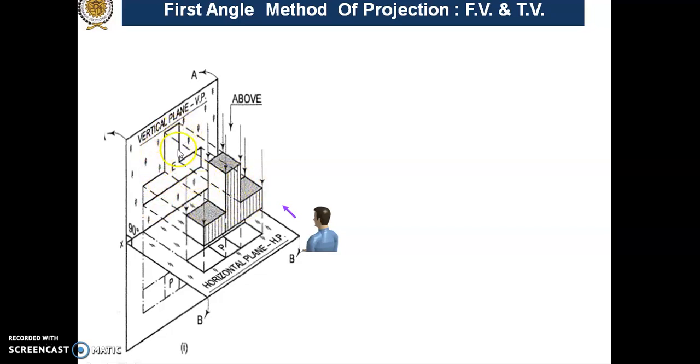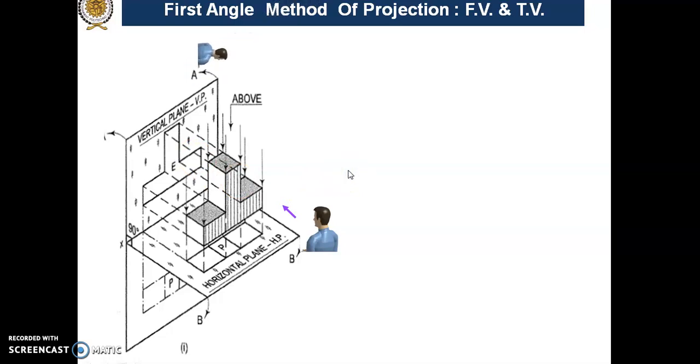The image formed by joining in sequence the points at which these lines meet the vertical plane is called the front view or elevation.